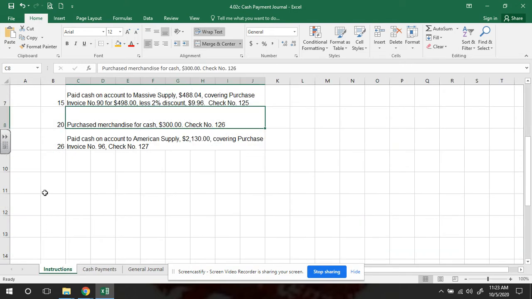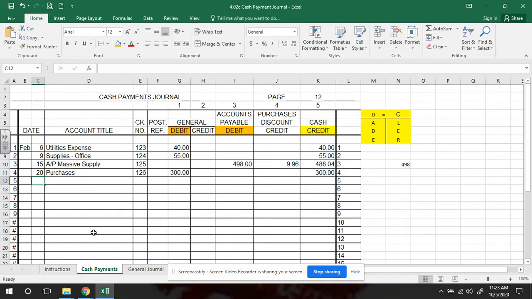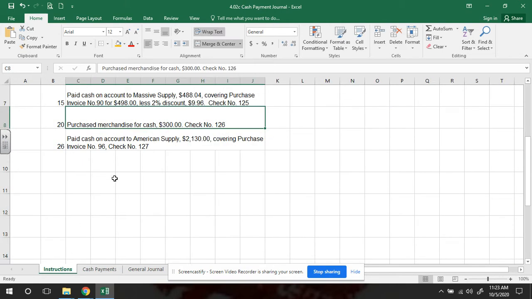The next transaction is on the 26th, and it says that you paid on account to American Supply $2,130, covering purchase invoice number 96, check number 127. This one does not show a discount. So we're just straight up writing them a check of $2,130.